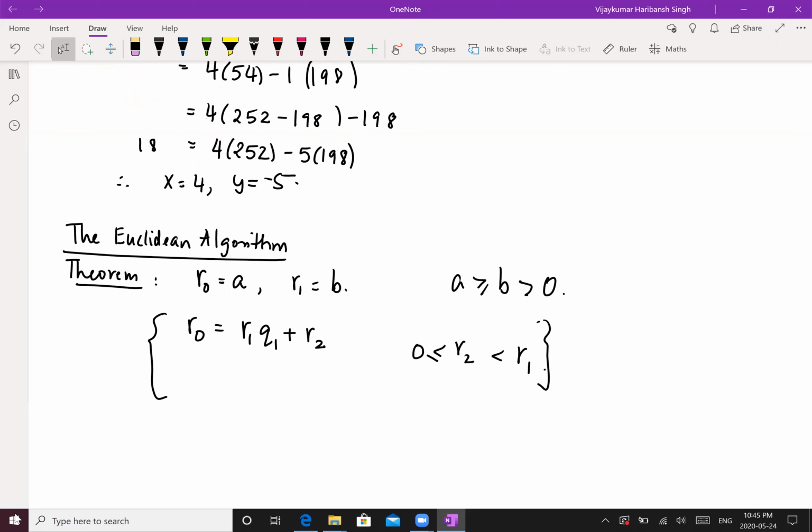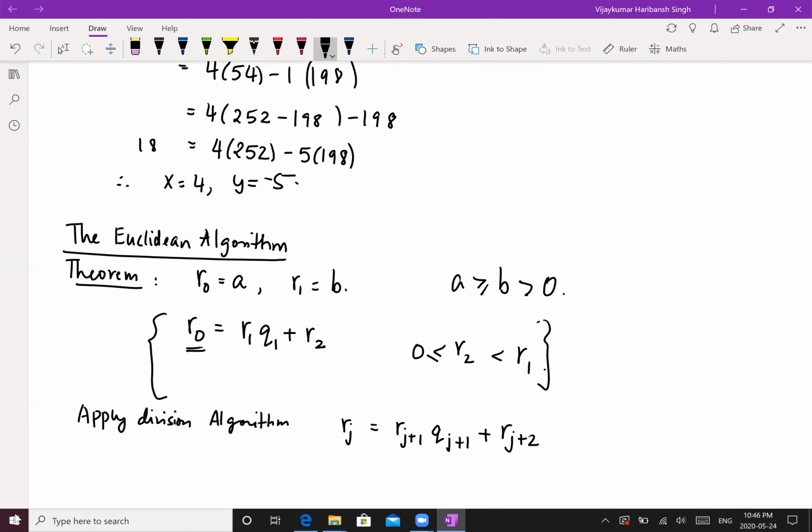So if we apply the division algorithm, Rj is divided by Rj plus 1. The quotient is Qj plus 1 and the remainder is Rj plus 2.